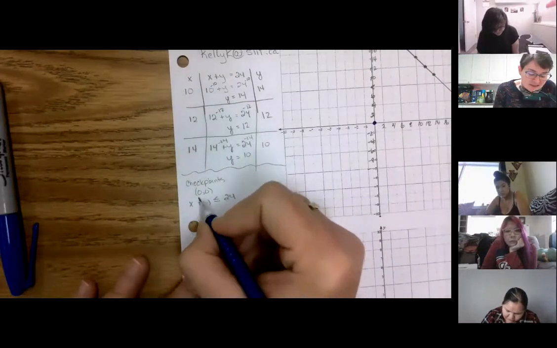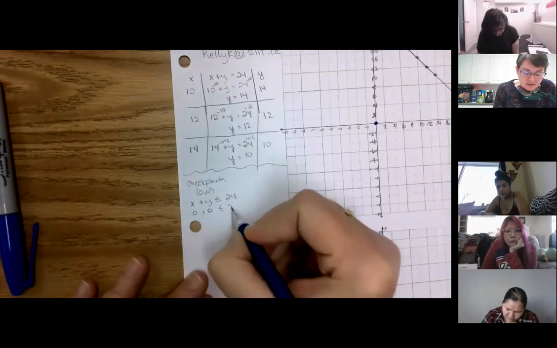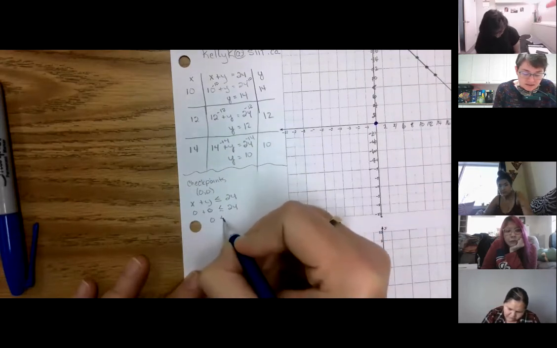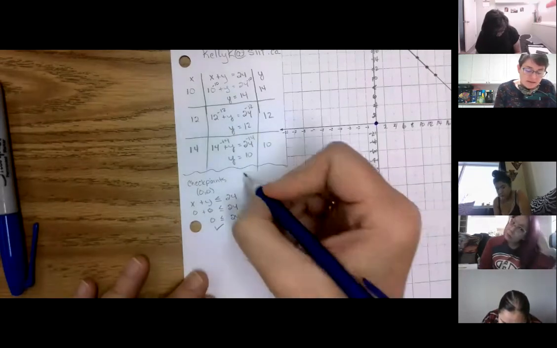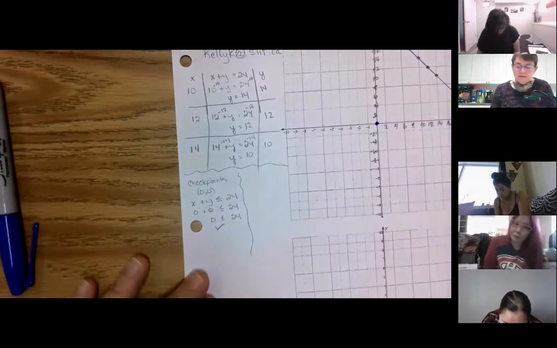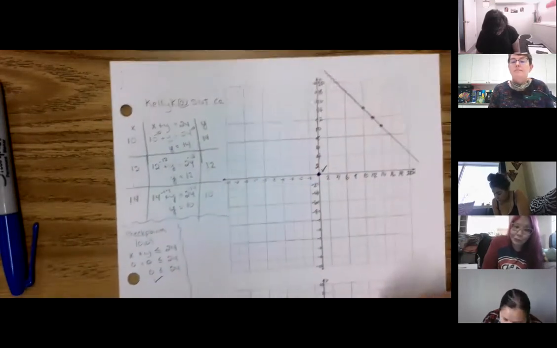So we're going to put the zeros in. So 0 plus 0 is less than or equal to 24. 0 is less than or equal to 24. That was easy. And that is correct. So that point is right.